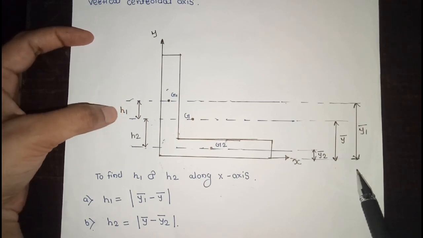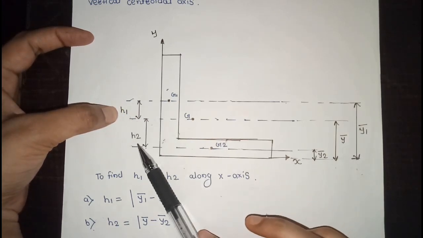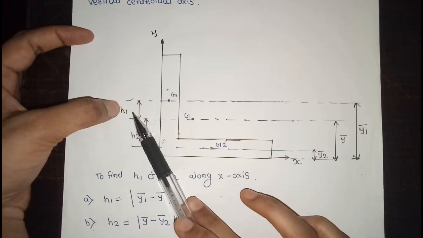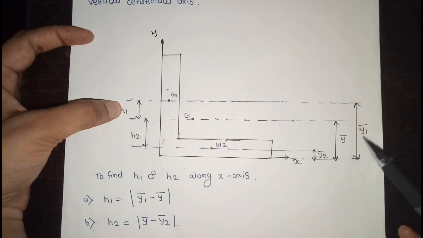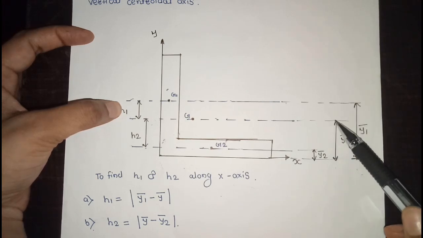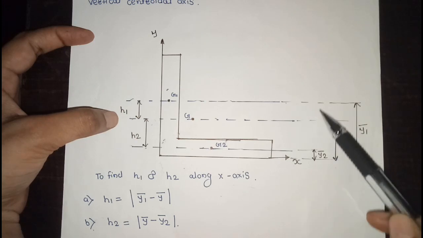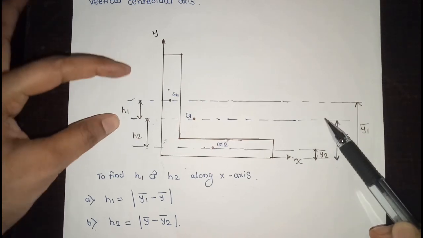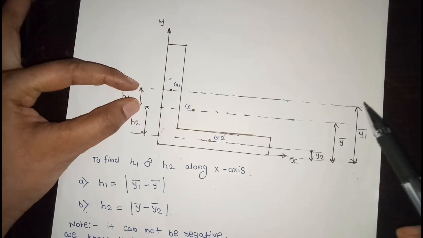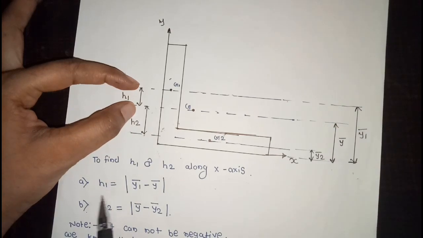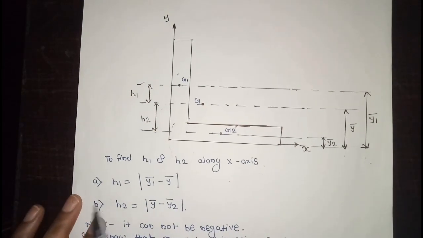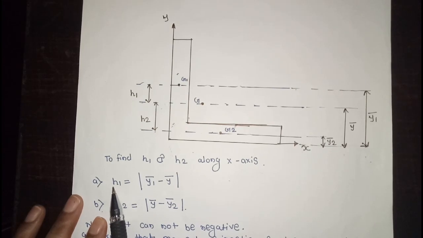Okay. So how to calculate H1 and H2? First of all find out H1. H1 is Y1 bar minus Y bar. Then we get H1, this distance. So we write H1 is equal to mod of Y1 bar minus Y bar.